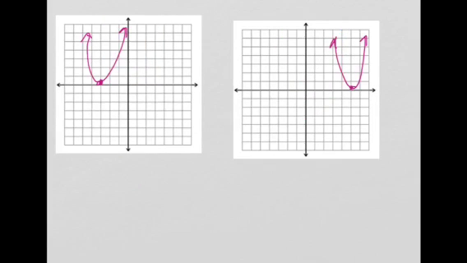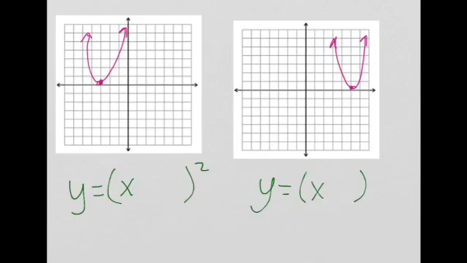Now, when that parabola moves on the x-axis, that means that something is happening inside of a parentheses. So we're going to go ahead and set up that parentheses, and we're looking at both graphs, and we're noticing that it's moving on the x-axis for both of them. That means the square is affecting the x after a math operation has been done to it.